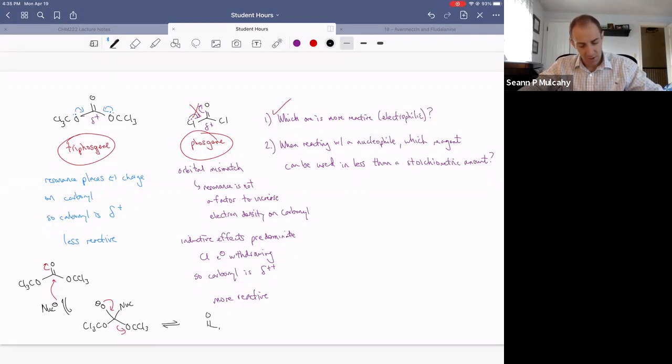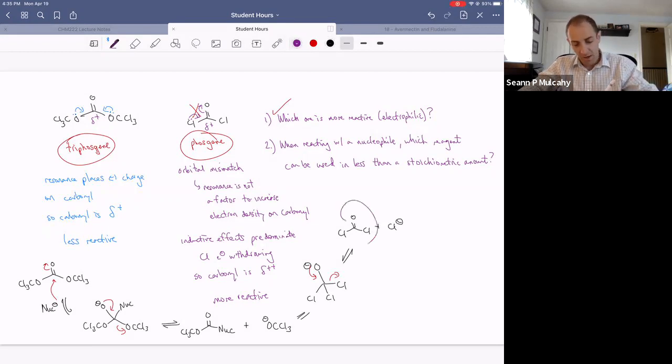So we've got the new carbon-nucleophile bond, OCCl3 plus OCCl3 minus. Let's draw that out. What does that look like? That looks like a tetrahedral intermediate that can collapse with loss of a good leaving group to give us phosgene plus chloride. And so in the first step, you're actually generating an equivalent of phosgene.